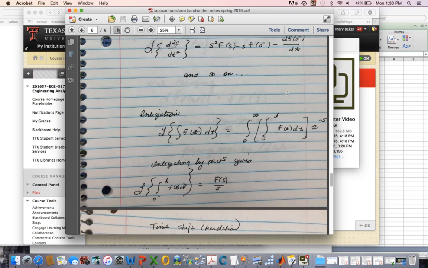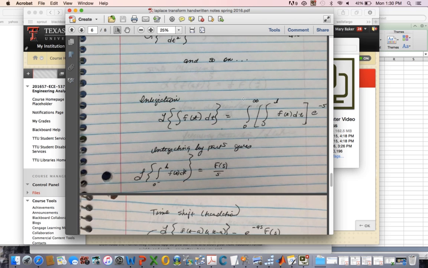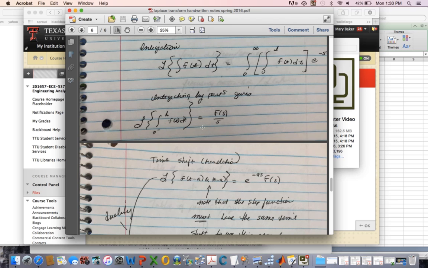Integration, we can do a similar thing. Without going through it in great detail, you basically want to integrate by parts here as well. And when you do that, you get f of s over s. So integration in the time domain corresponds to division by s in the s domain.